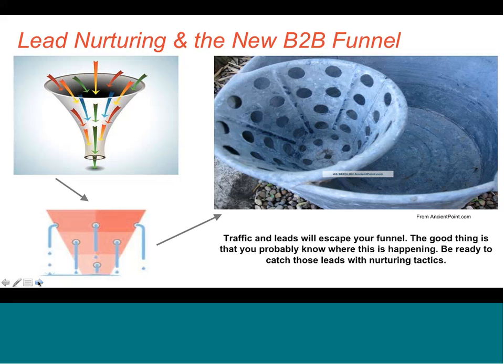So the bucket here represents this new approach to lead nurturing. Understand that folks are going to bail on your funnel, and have a bucket there to catch them, so you can still continue to nurture them, get them back in the funnel, and hopefully get to the bottom without leaking any out. Actually, this image has too many holes. It isn't terribly accurate for the ECornell funnel. I think that would be awful. But it's the best picture I could find.